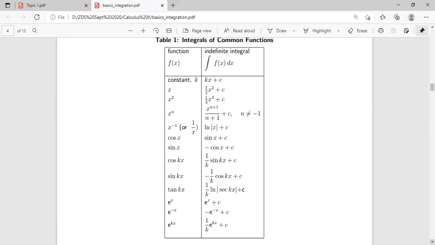These are some of the common functions that you are going to use in this particular unit. When you integrate a constant a, you are going to get ax plus c.